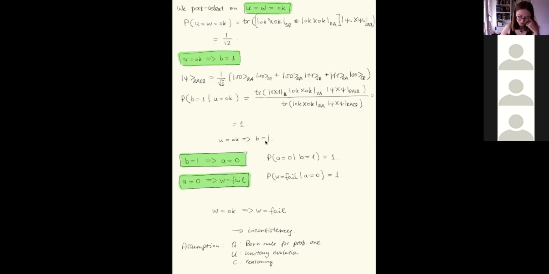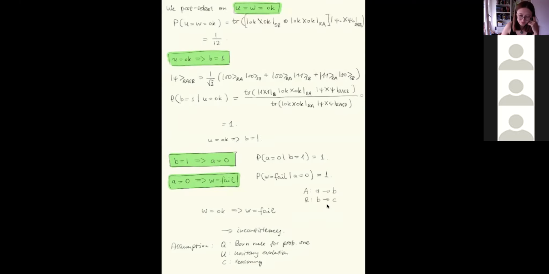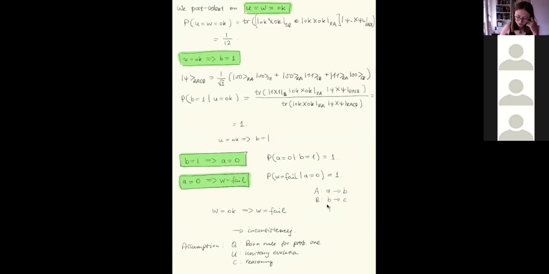For example, it means that if agent A says that from A it follows B, and agent B says that from B it follows C, then this rule allows us to say that agent A can say that from A it follows C. Because if from A it follows B and from B it follows C, then logically from A it follows C. But here the assumption is also that A is able to use B's point of view to combine these two inferences into one inference.